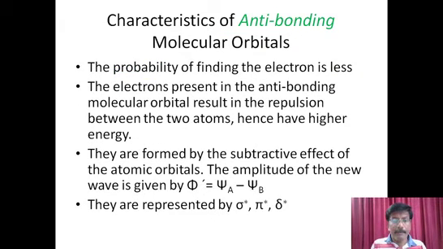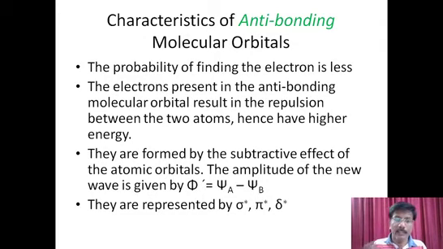Whereas if you take antibonding, that is where the probability of finding the electron is very less, almost zero, and the electron in that particular area will not result in any kind of attraction, but instead it results in repulsion between the two atoms. So the electron present in an antibonding molecular orbital results in repulsion. Therefore, the electron doesn't try to be there. So it is called higher in energy.